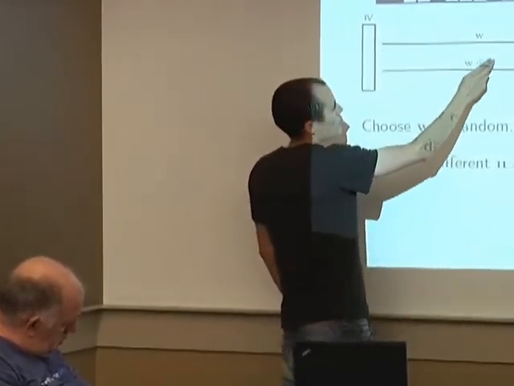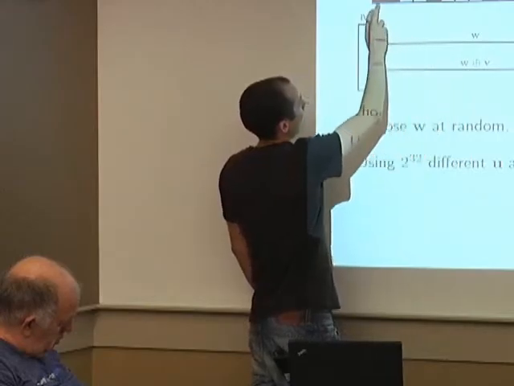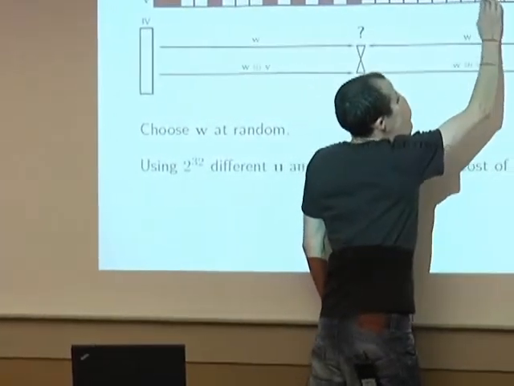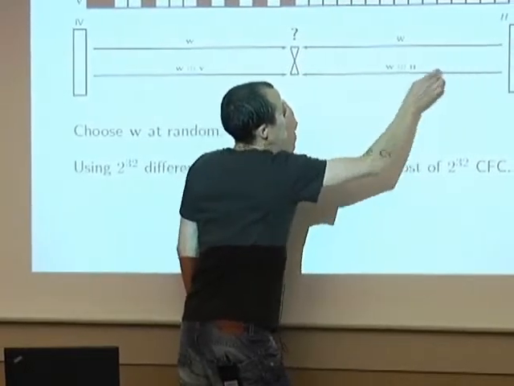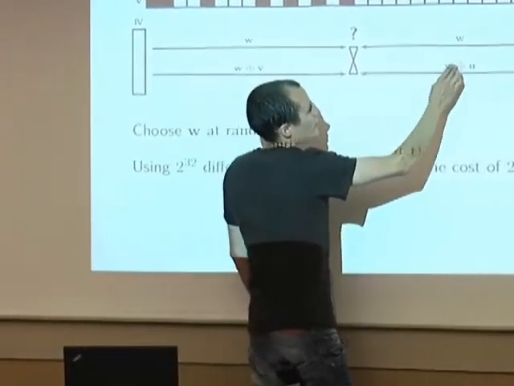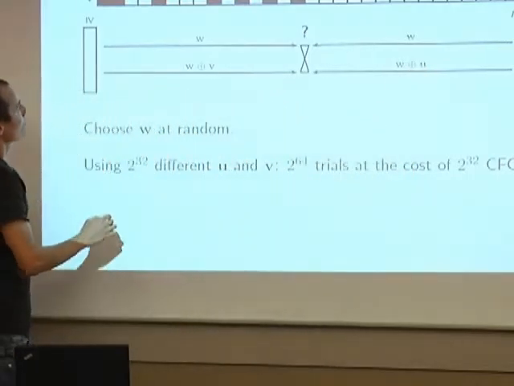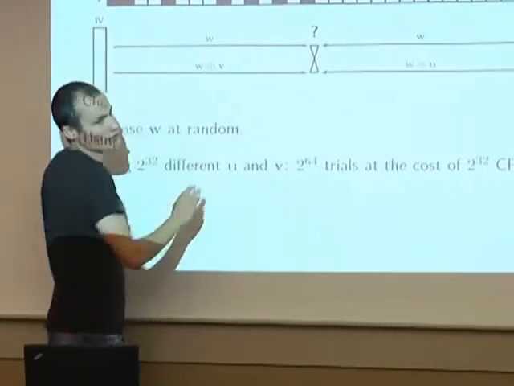When we apply the difference patterns V to W, then we will not change the backward computation here. And when we change W with the U difference, we will not change this computation.